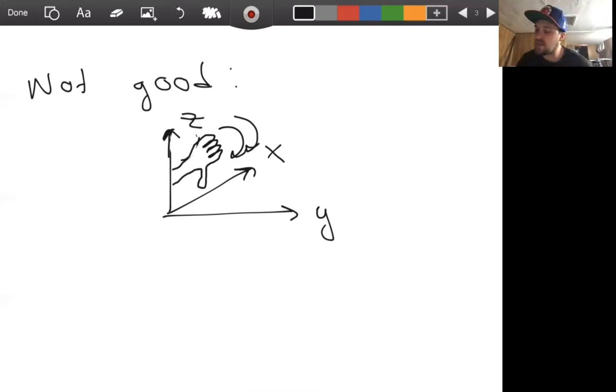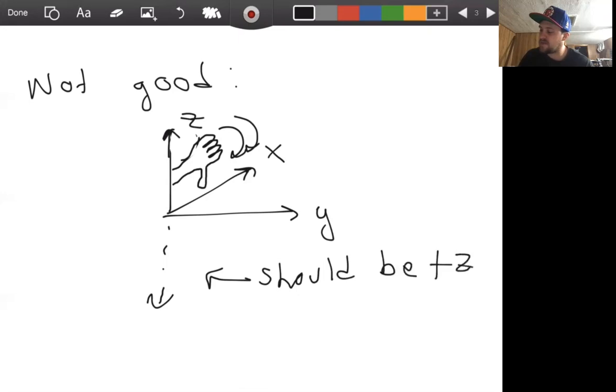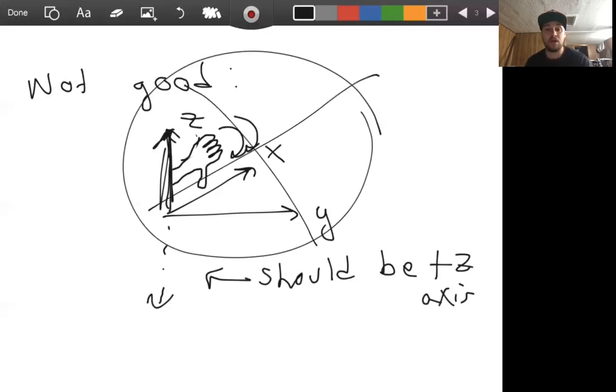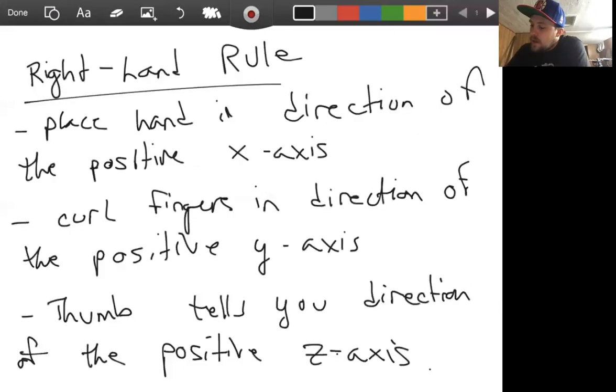And my thumb is pointing down, which means down here, this is what should be positive z-axis, which means since my thumb was pointing in a different direction than what I indicated the z-axis to be, that means this coordinate system did not work. And so I can't express my XYZ axis in this way. Okay, so there's an example of one that doesn't work.